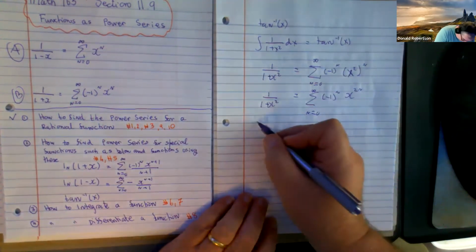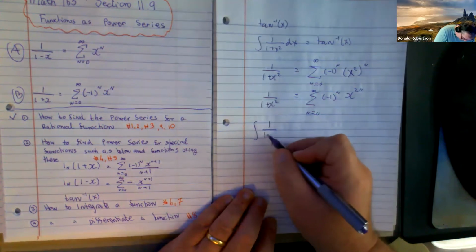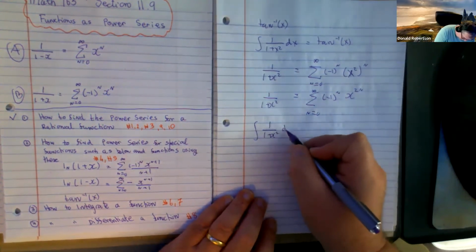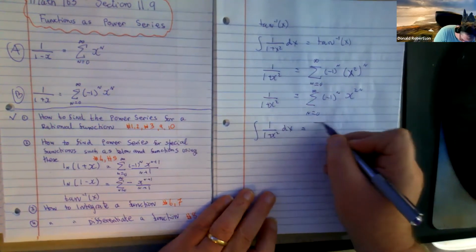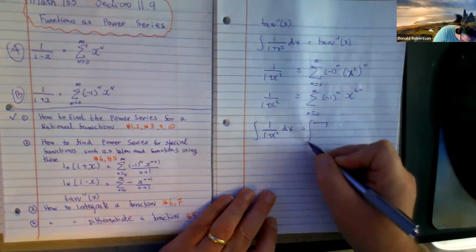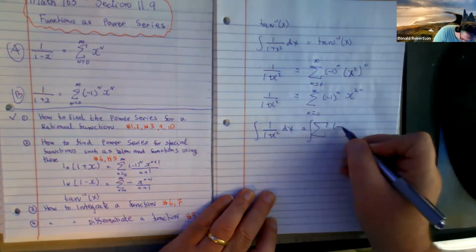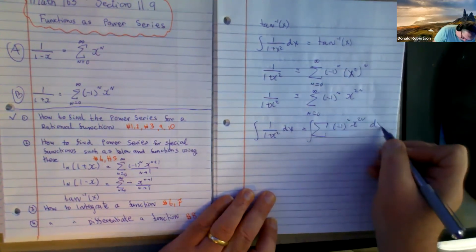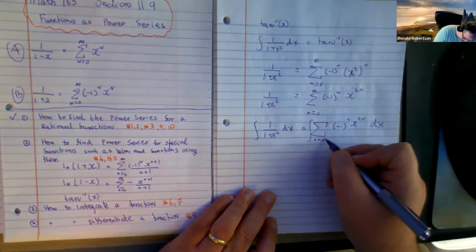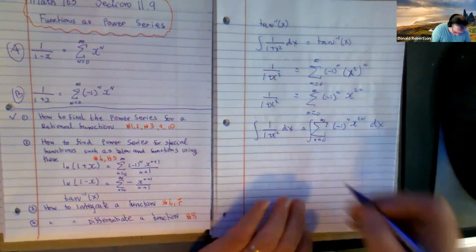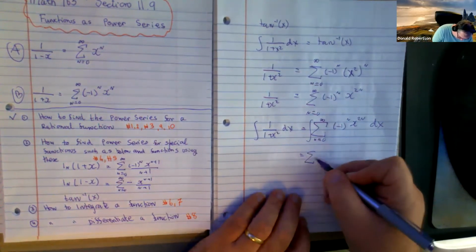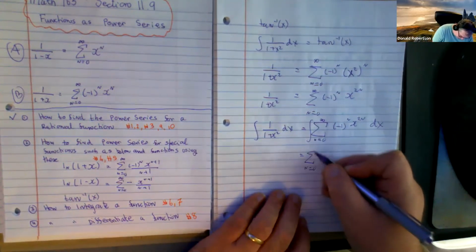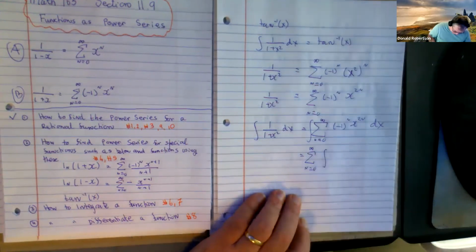I'm now going to integrate this guy, which means he is equal to the integral of the power series. And then I switch the integration and sigma processes and do them in that order.